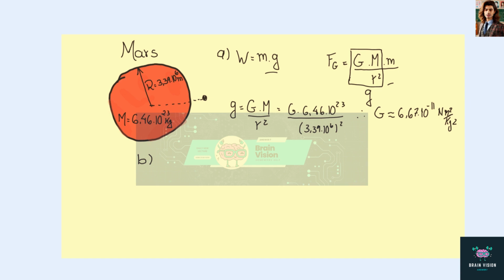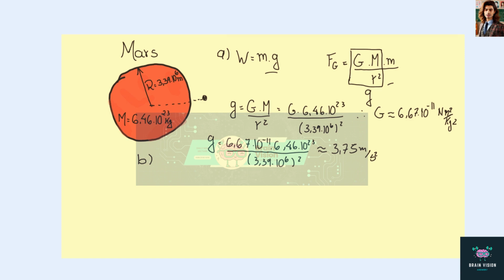Then we have the following surface gravity for planet Mars. The surface gravity equals 6.67 times 10 to the minus 11 times 6.46 times 10 to the 23 divided by 3.39 times 10 to the 6th, squared, and this is approximately 3.75 meters per second squared.